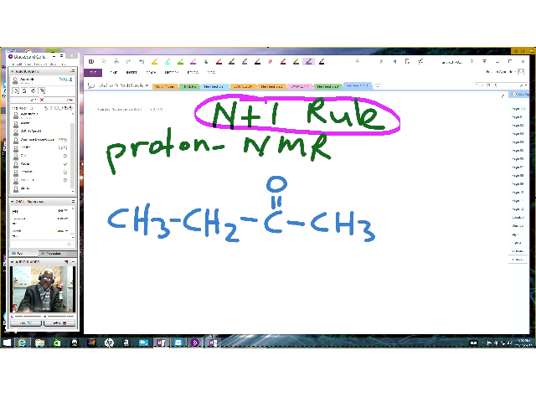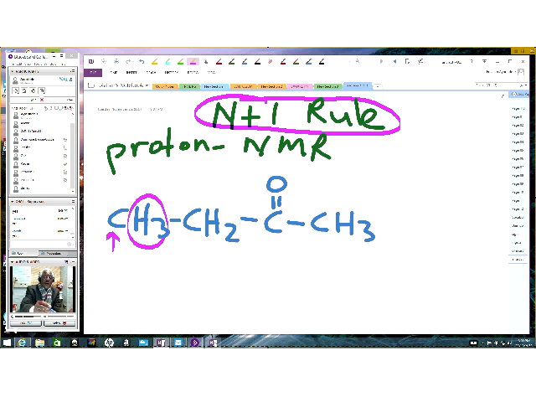This is a ketone. Now, in proton NMR spectroscopy, if you take a look at these 3 hydrogens here, they are attached to this carbon.